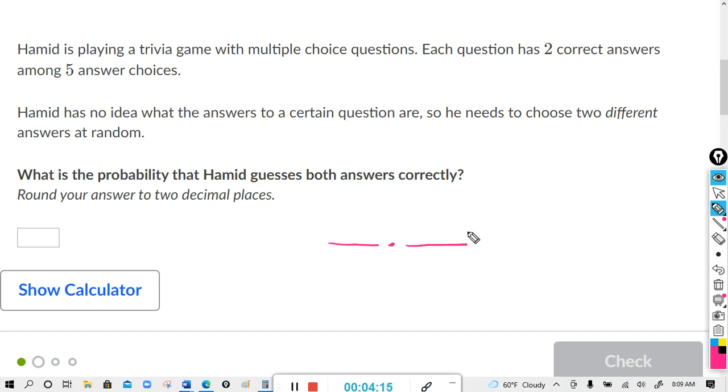Okay, so he wants to answer both correctly. All right, so the first guess, there's 2 correct answers out of 5 choices, so it's going to be 2 out of 5. Okay, so that is the fraction for the first guess correct.